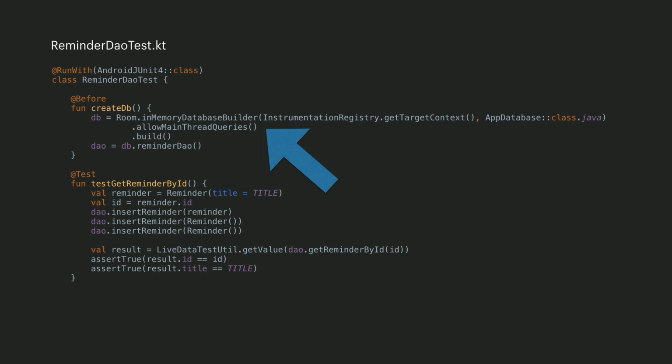There is also, right below it, an allow main thread queries method call. And that is because, by default, Room will not let you do database operations on the main thread, which is a good thing. But if you're anything like me, when I was setting this up, I wrote out my interface, got everything hooked up, and I was really excited to go. I opened up my app, and it just crashed right away. I thought, okay, I probably did something stupid.